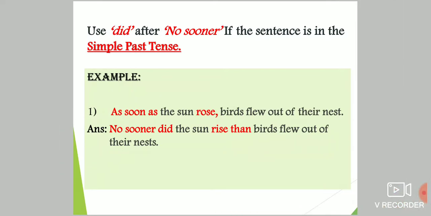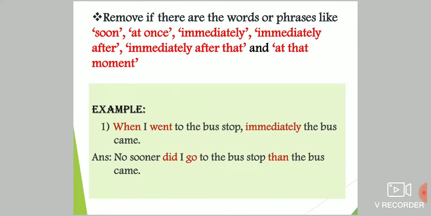Now see the next slide, what it says. If there are any phrases or words like soon, at once, immediately, immediately after that, and at that moment, if these particular phrases are there in the sentence, we have to remove them. For example, when I went to the bus stop, immediately the bus came.